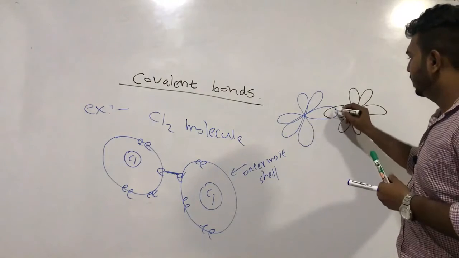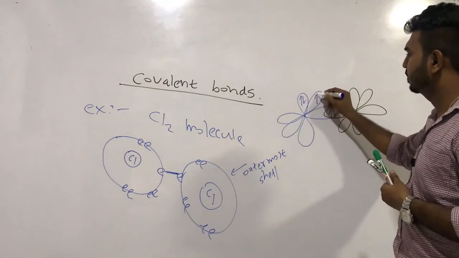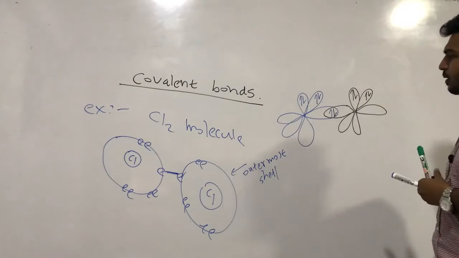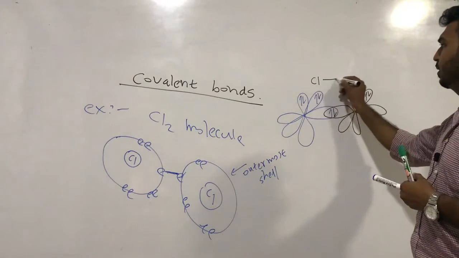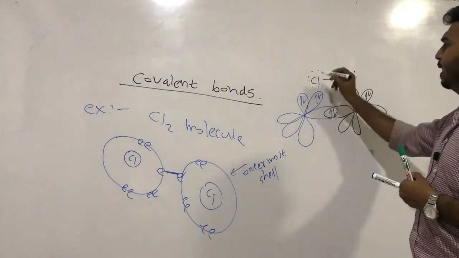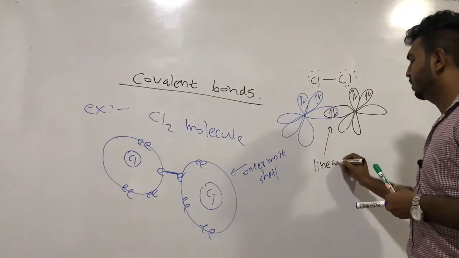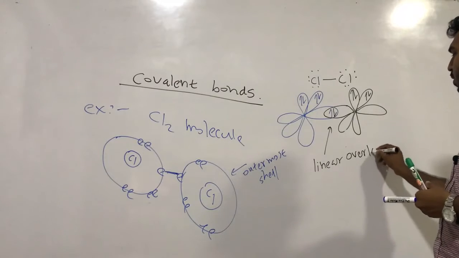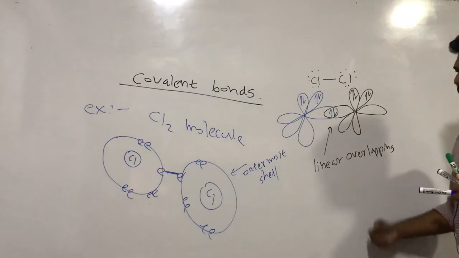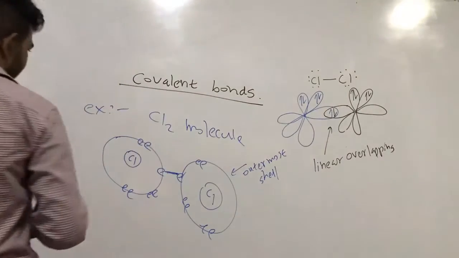There will be one electron here and one electron here. There are paired electrons around the atom, and this is linear overlapping. Draw this quickly.